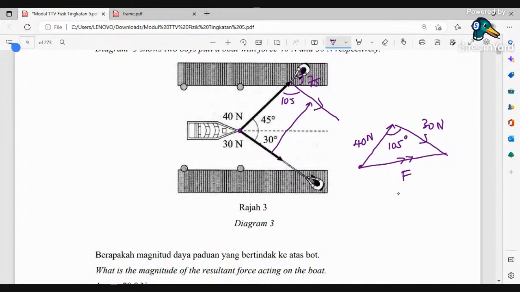Now you want to solve it. I will use the cosine formula. So R squared equals 30 squared plus 40 squared, minus 2 times 30 times 40 cos 105.